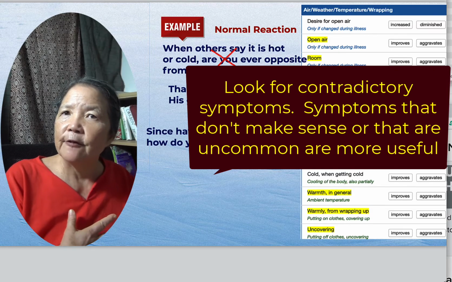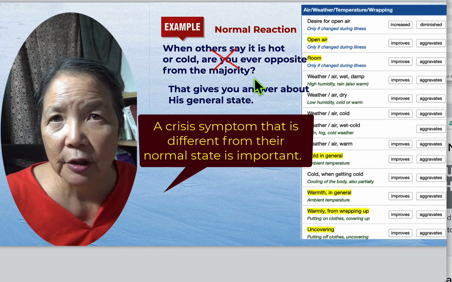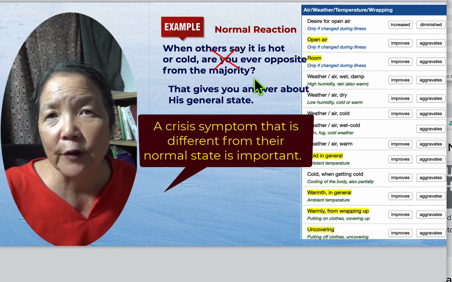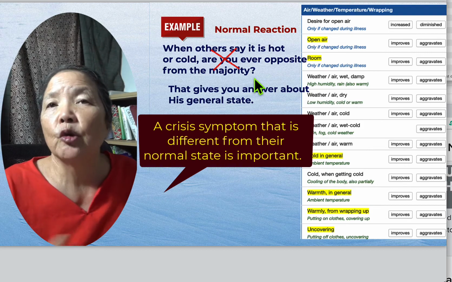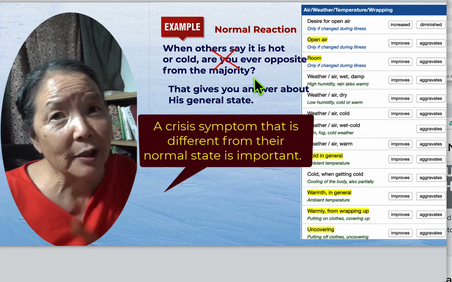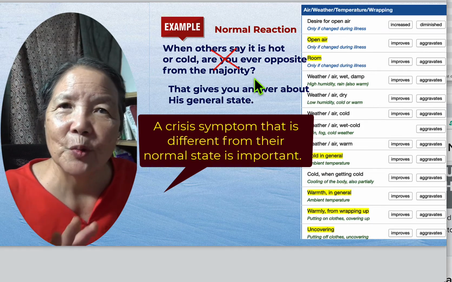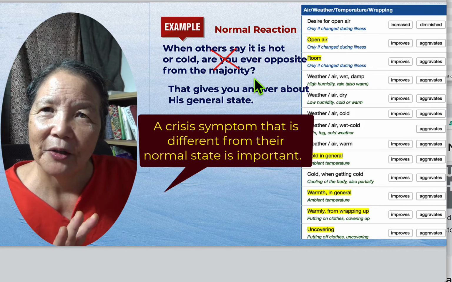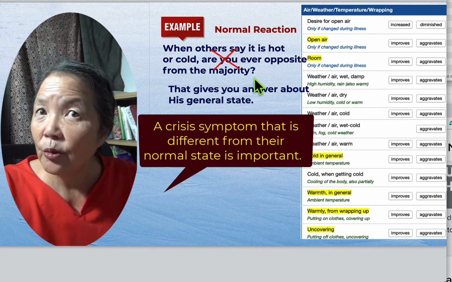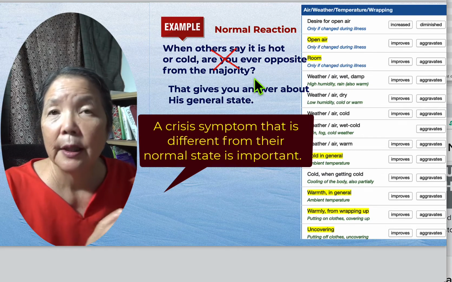And if it's different than their normal information, in other words, if they're suddenly very cold, but normally they were hot-blooded, that's very good information, okay? You want to know that they are normally hot. And you want to know that now they are cold when they're sick.